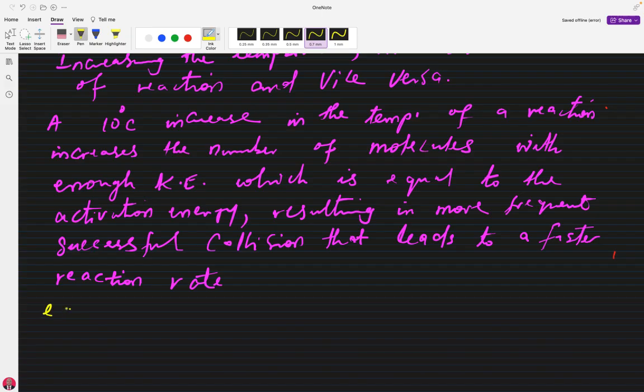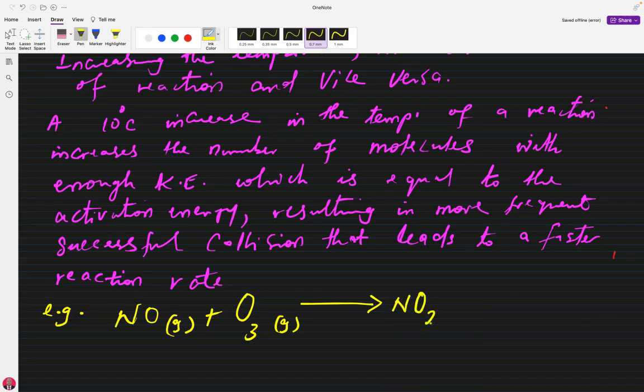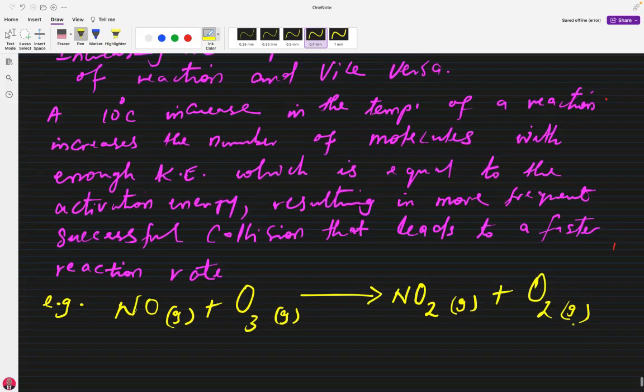The example is NO, which is a gas, plus ozone, giving nitrogen dioxide NO2 plus oxygen. The depletion of the ozone layer increases the global temperature, and that is what happens there.